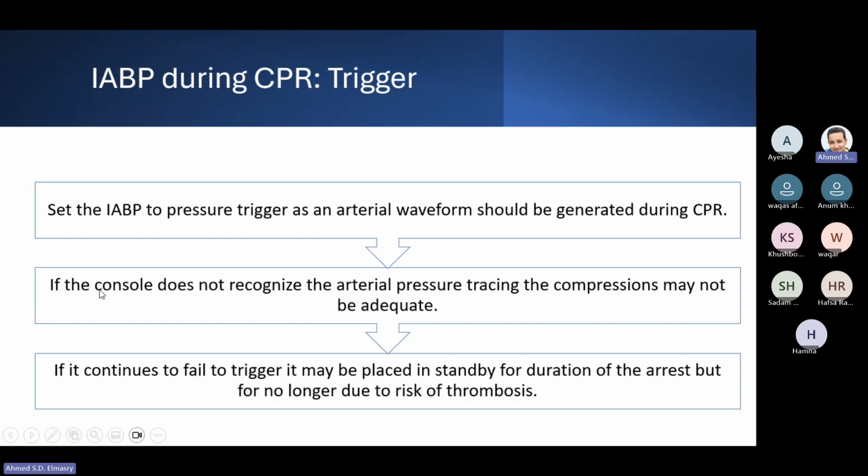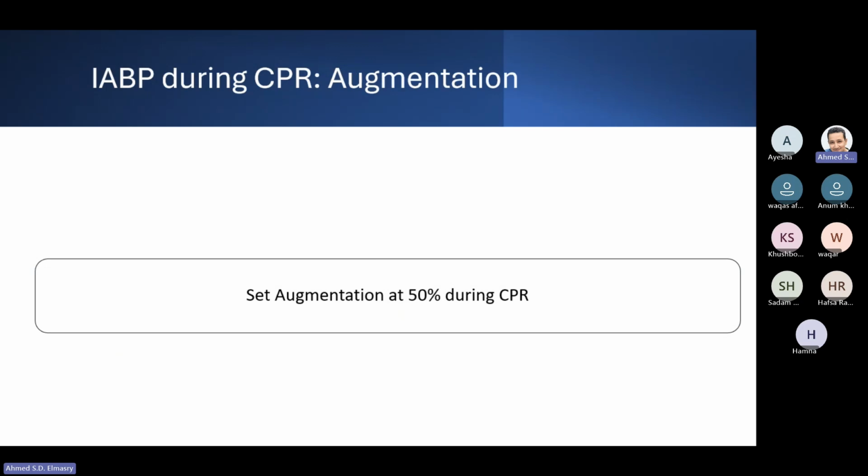But if the console does not recognize the arterial pressure, it might be due to the low quality of the CPR. So in order to correct this, you have to apply high quality CPR chest compression, in order to get an adequate arterial waveform. But despite that, if it's not working, you have to put the intra-aortic balloon in the standby mode, but not for a longer duration, in order to avoid balloon thrombosis.